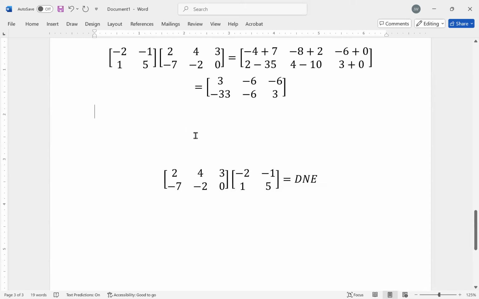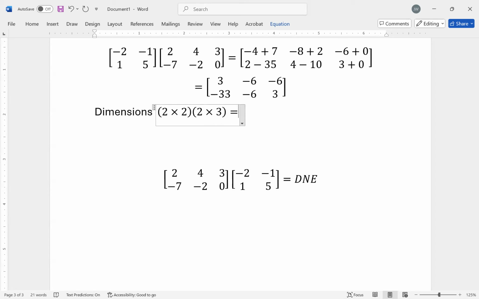Now, let me just mention a couple of things about dimensions here. I want you to understand, in this first example, it was a 2 by 2 multiplied by a 2 by 3 matrix.